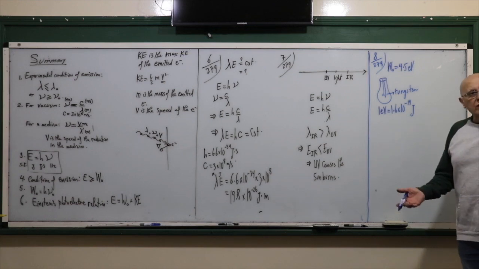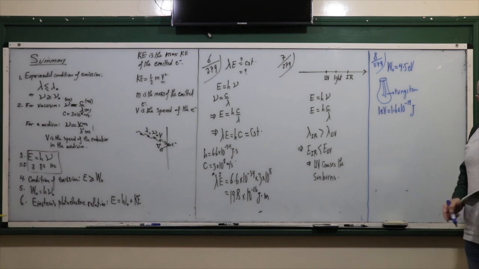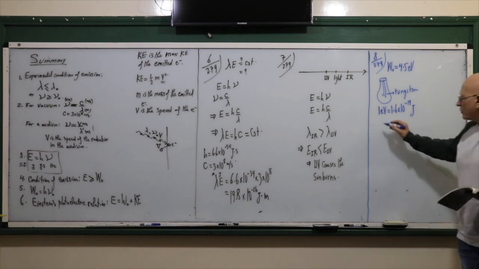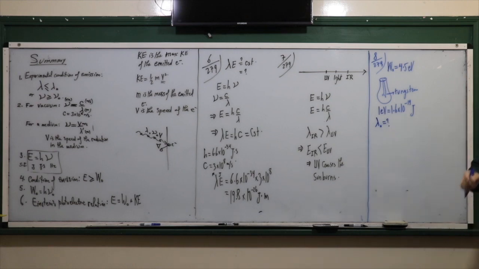He is saying what should be the maximum wavelength capable of emitting electrons. Using the definition of the threshold wavelength, you know that the maximum wavelength is lambda node.